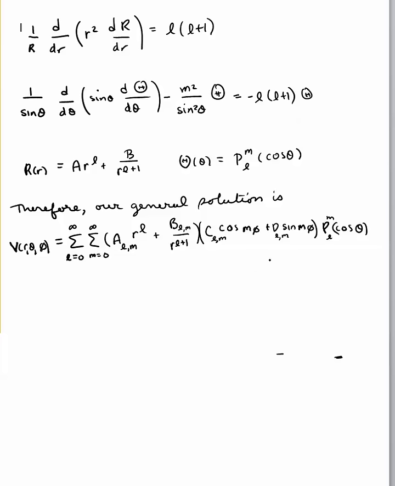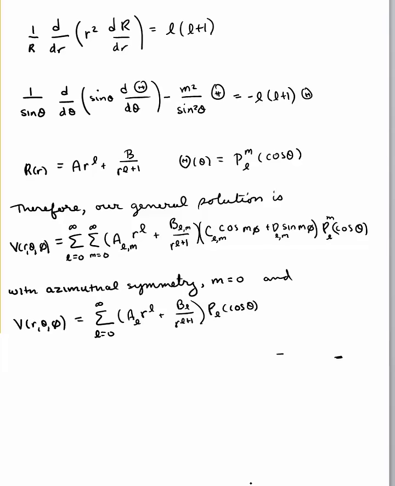Now, for the sake of simplicity, we will typically assume azimuthal symmetry. Azimuthal symmetry simply implies that m ends up being 0. It's the assumption that Griffiths makes from the get-go. And so if we assume azimuthal symmetry, what that ends up looking like is that m has to be 0, hence you get the result from Griffiths.